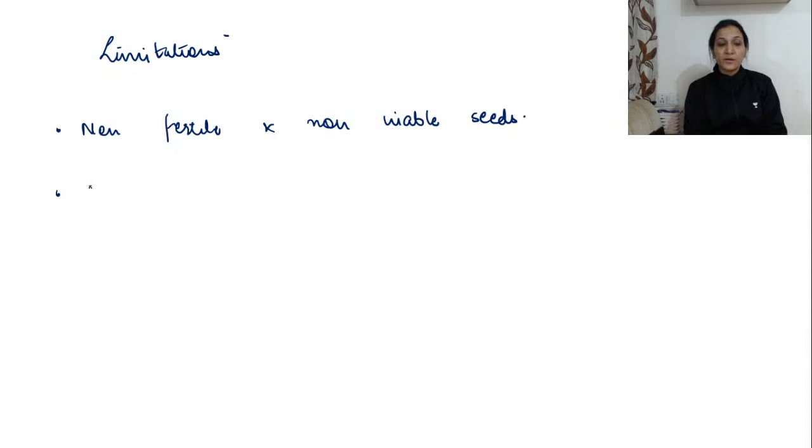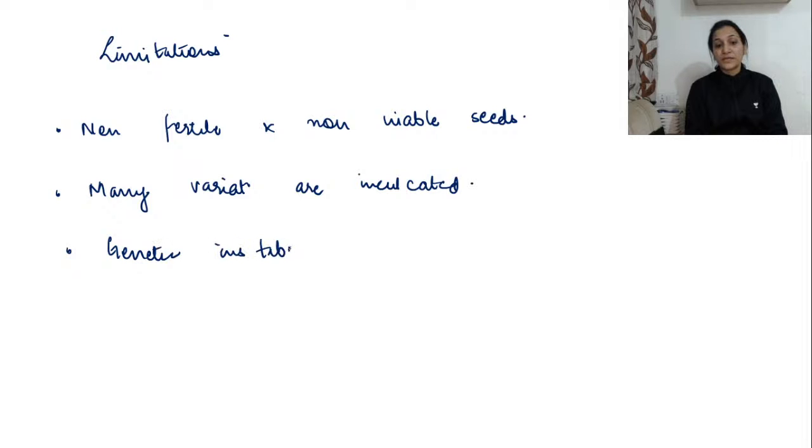So many variations are inculcated. Then protoplast culture is associated with genetic instability.